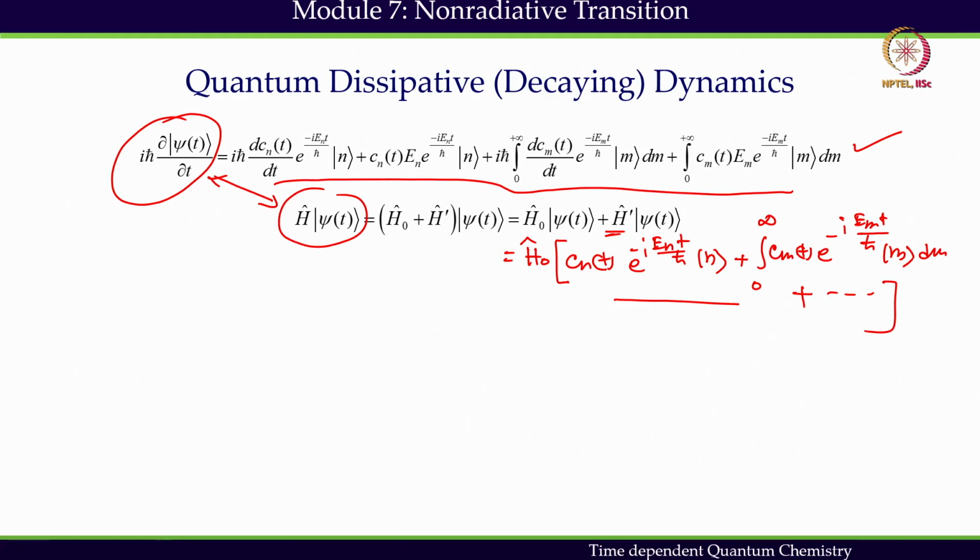One can now employ this operator on this n state, and we know that it is going to be an eigenvalue equation. Again, this operator on this m state will give the eigenvalue equation.